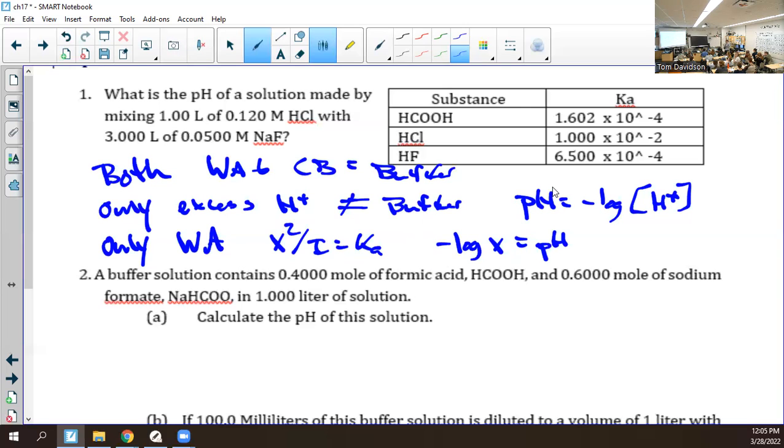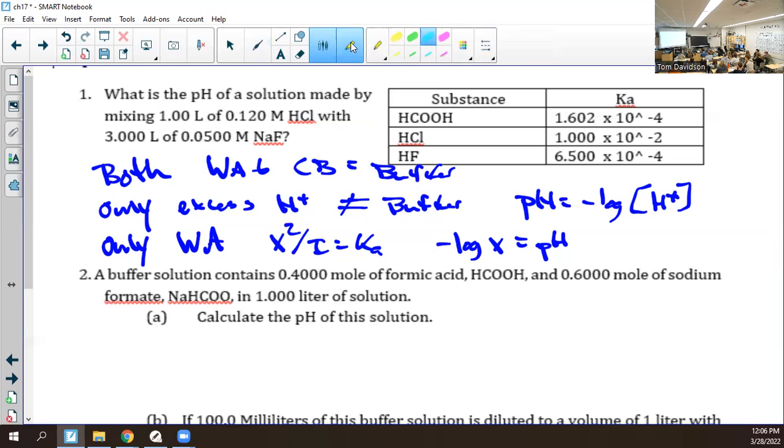First off, it's way wrong, but you would never use it anyway. We would never use the Ka for a strong acid in any of our math. It is only there to lead you possibly astray when you do that problem. Because if I only give you like, oh, hey, the Ka of this is that, well, then you're like, oh, that's the weak acid. Okay, so don't fall for that.